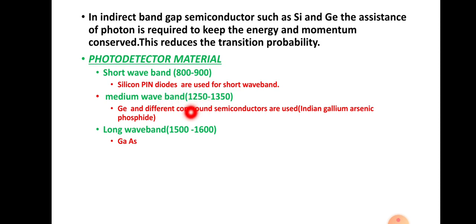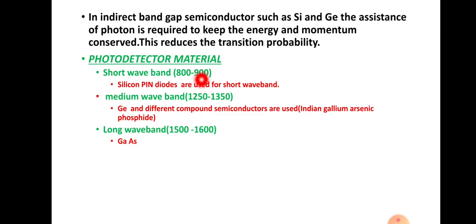In the case of the medium wave band, that is, the wavelength between 1250 nanometers and 1350 nanometers, germanium and different compound semiconductors are used, such as indium gallium arsenide phosphide. Next is the long wave band, and in that case the wavelength is 1500 to 1600 nanometers, and in such cases gallium arsenide materials are used.